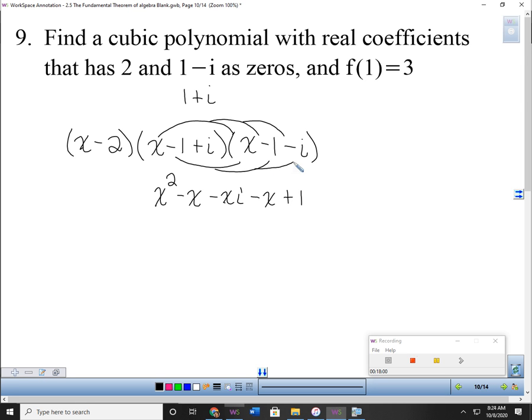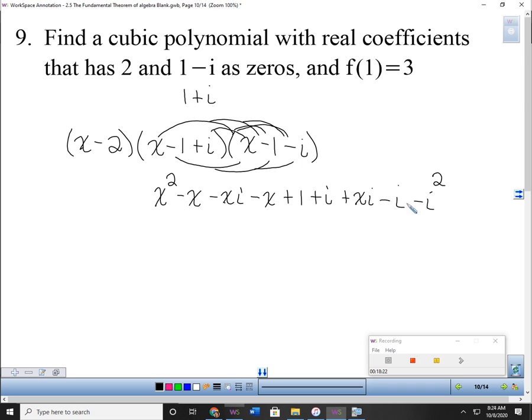And negative 1 times negative i is positive i. And then the i, so you have i times x is xi. i times negative 1 is negative i. And i times negative i is negative i squared.